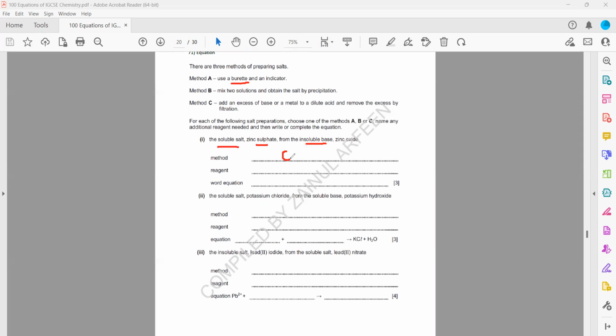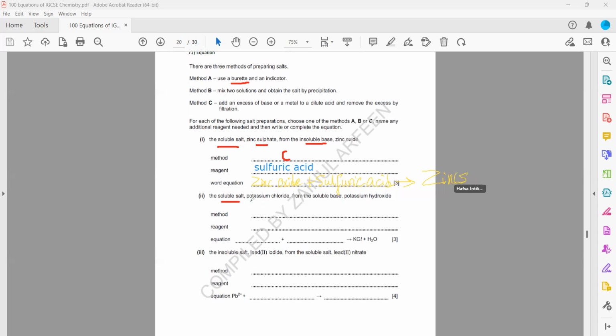Method C, because we add a base to an acid and remove the excess by filtration. Then what reagent? If you want to produce a sulfate salt, it should be sulfuric acid. Word equation: zinc oxide plus sulfuric acid gives zinc sulfate plus water.